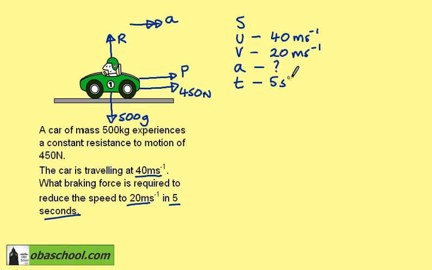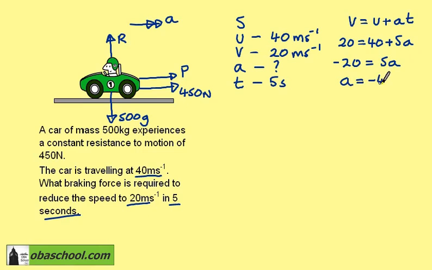We want the acceleration, and these four quantities are linked by v equals u plus at. So 20 is going to be 40 plus 5a, minus 20 will be 5a, and so a is minus 4 meters per second squared.